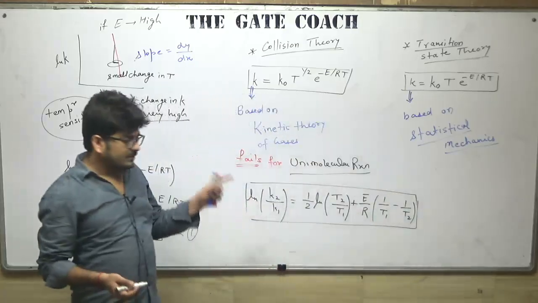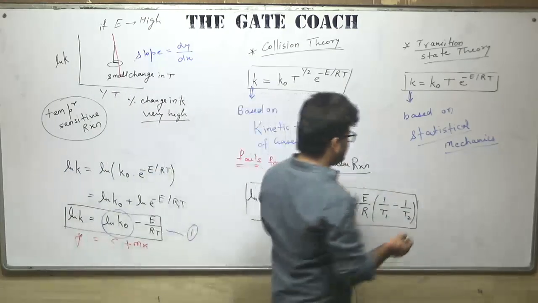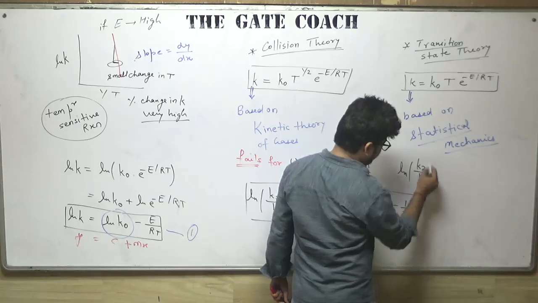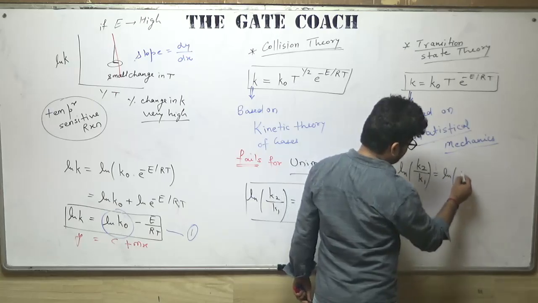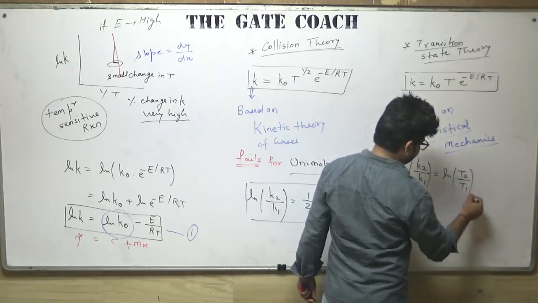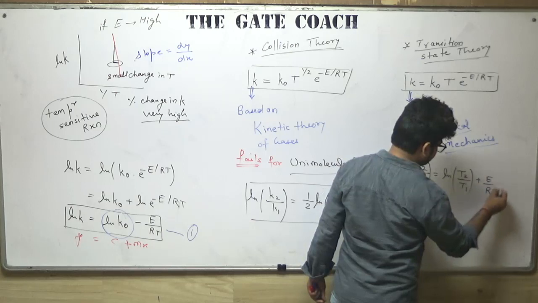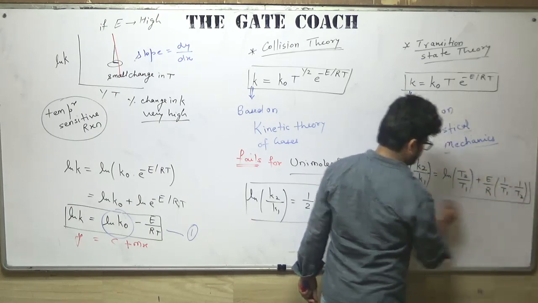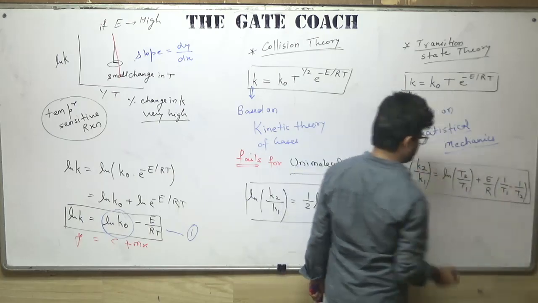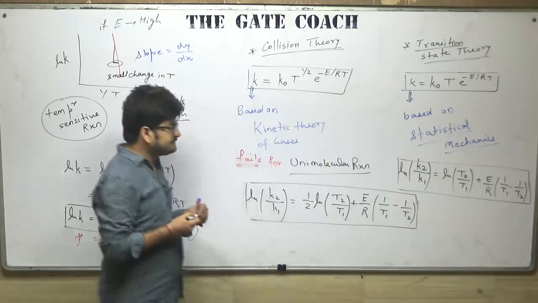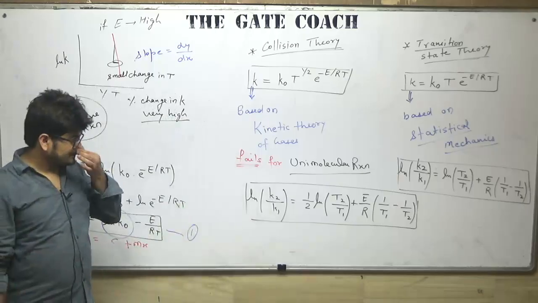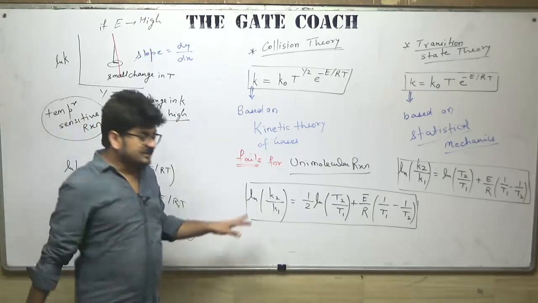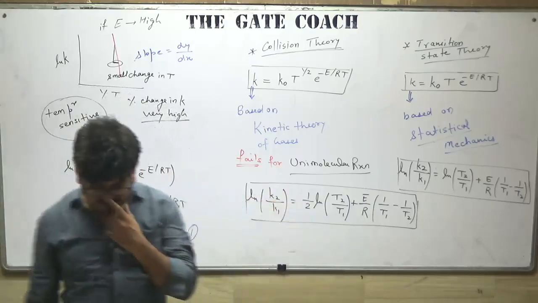This is for collision theory. For transition state theory, it will be ln K2 by K1 is equal to ln of T2 by T1 plus E by R into 1 over T1 minus 1 over T2. So this is something about the collision theory and transition state theory.